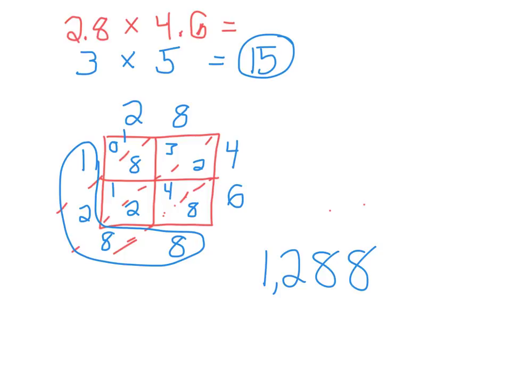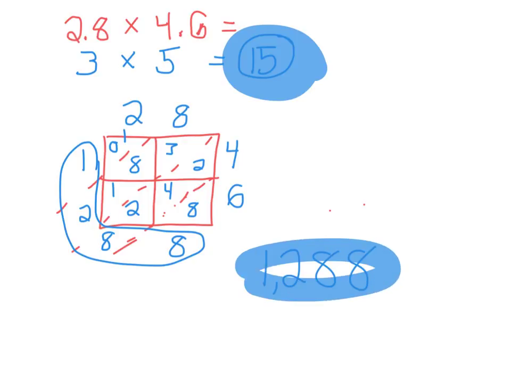But I expect my answer to be around 15. So where can I put a decimal in this number that would give me an answer close to 15? That's my third step. Use my estimate, which was 15, to put a decimal into my product. And if I want a number close to 15, I'm going to put my decimal after the 2.